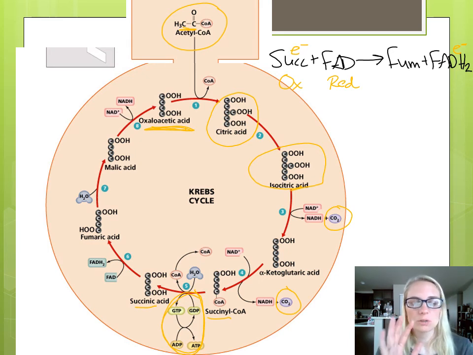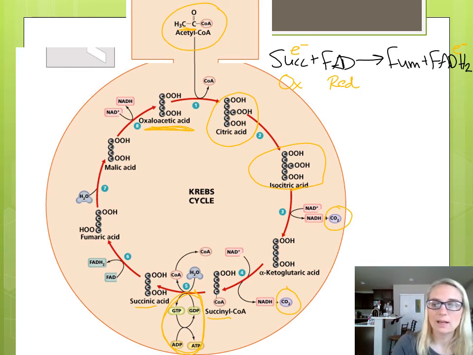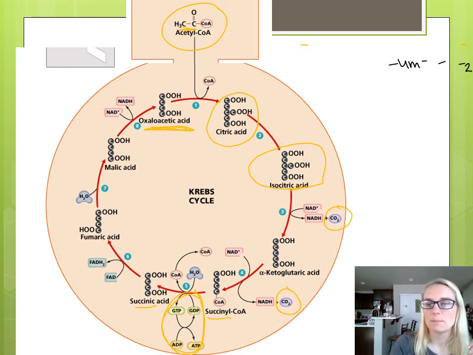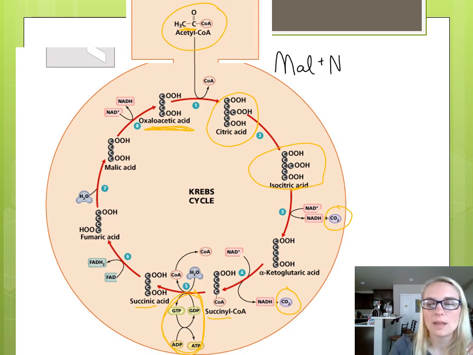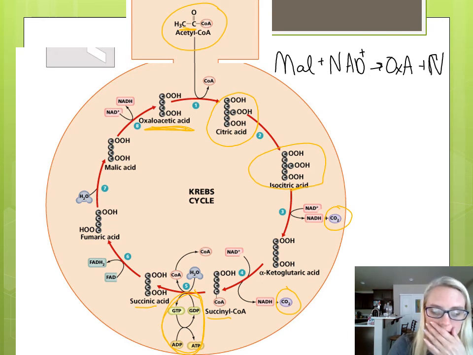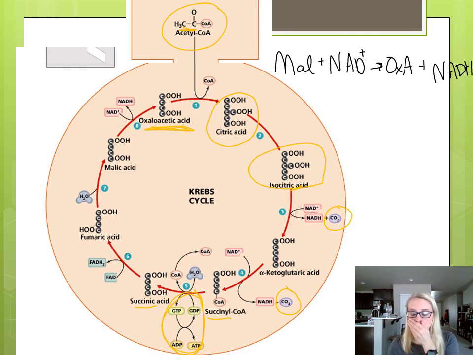Step 7, we just rearrange fumaric acid to malic acid, and we have one last redox. Hopefully at this point, maybe you can already predict what's going to happen. So we have malic acid plus NAD plus goes to oxaloacetic acid plus NADH.